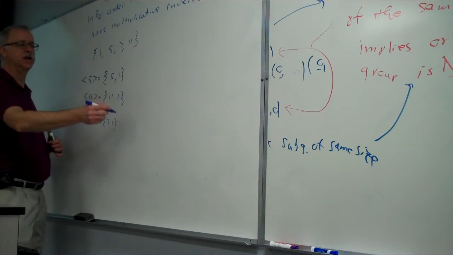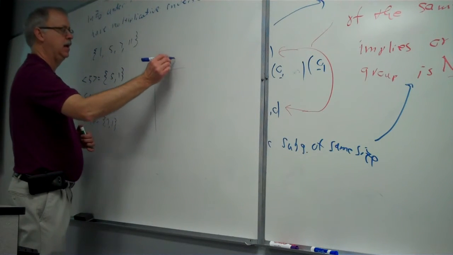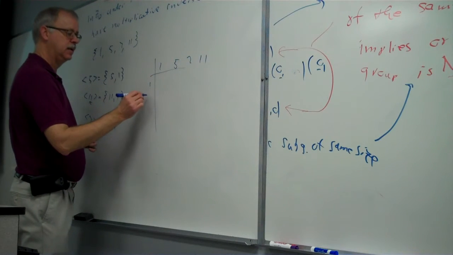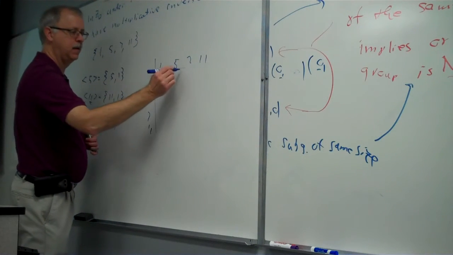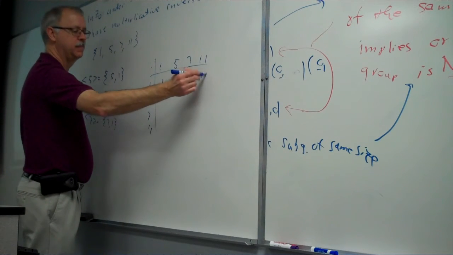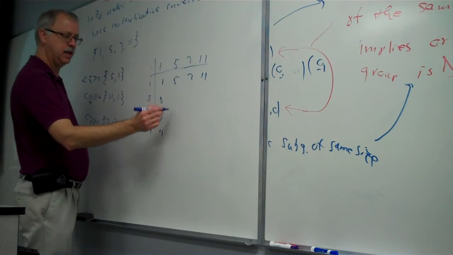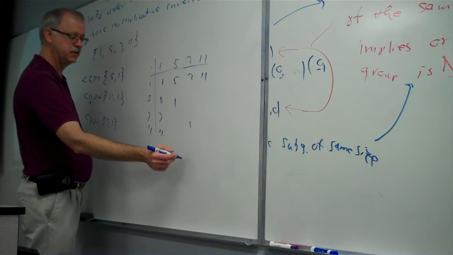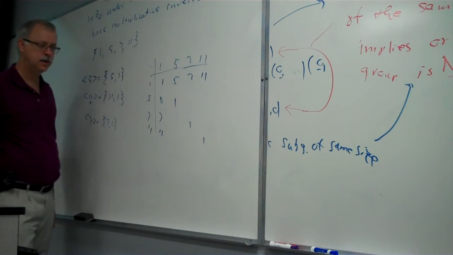And interestingly enough with this, I've been kind of saying this, but if we were to fill in this whole table of multiplication, let's see, 5 times 5 was 1, 7 times 7 is 1, 11 times 11 was 1.